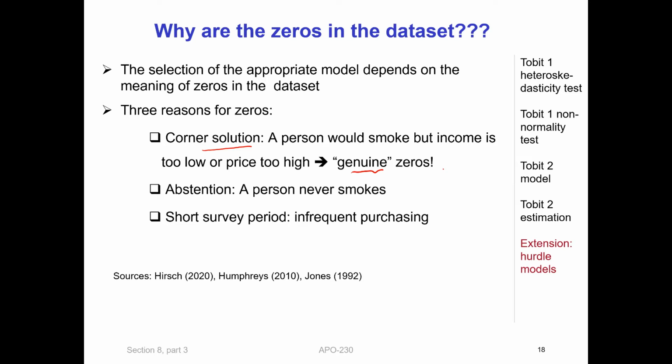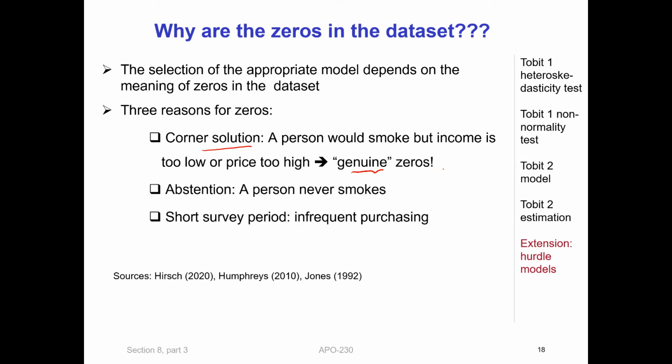However, there are other cases, for example, abstention. What does that mean? That person would never smoke no matter what. If it gets cheaper, he would not smoke. Or you could go back to my example about my beer allergy. I will never drink beer no matter what.